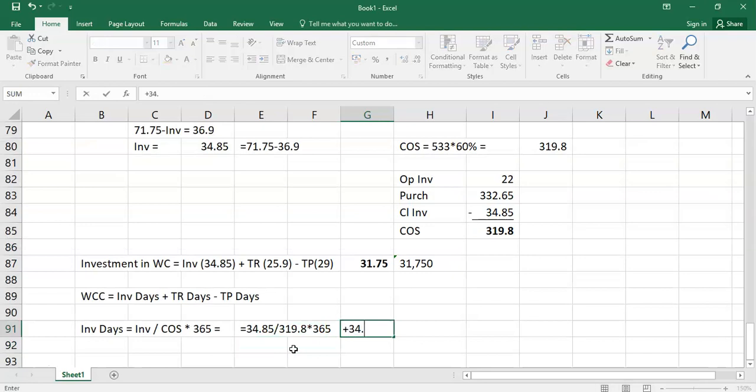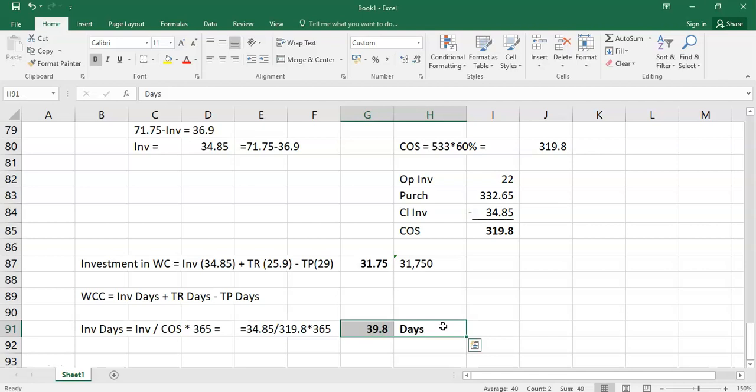So 34.85 divided by 319.8 times 365, and your answer there is 39.8 days. So what does that mean? It means on average, inventory is held for about 40 days before it's sold on. So that's an important insight as well, because you want to make sure that's as low as possible, because you don't want inventory sitting there for too long. But we're not asked to interpret it here.